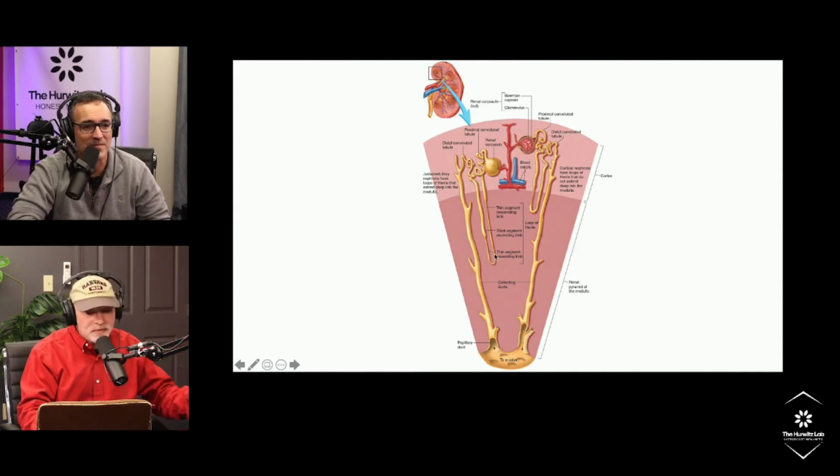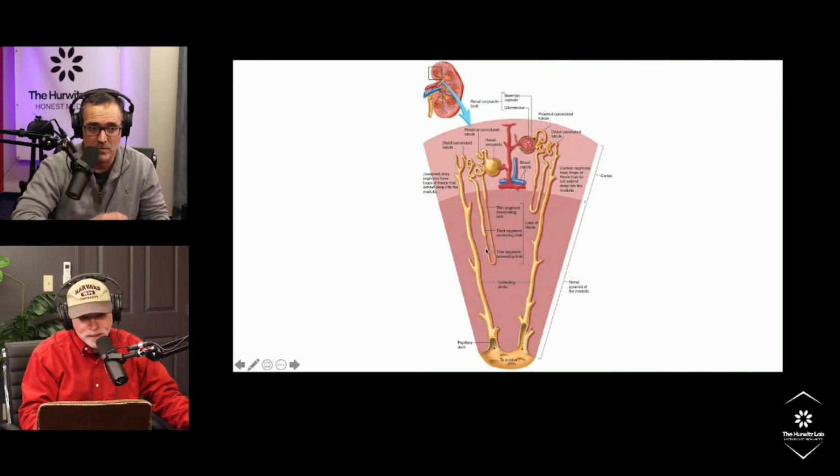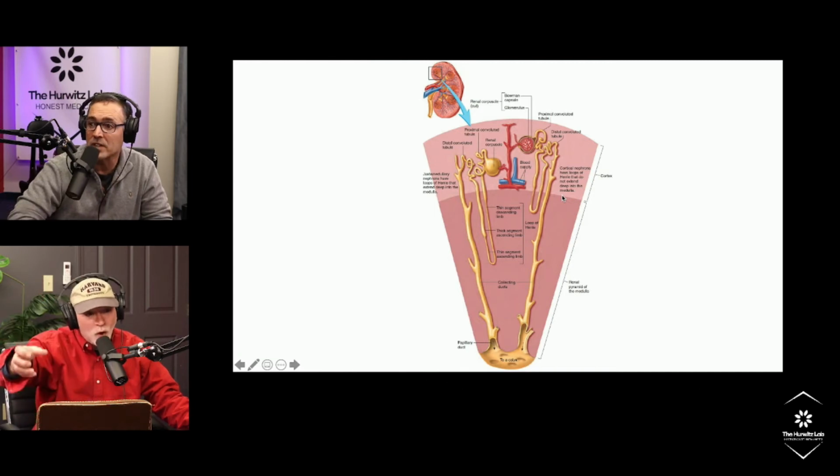And then you have your collecting ducts. It's also a nice picture because it shows you how multiple nephrons connect to a single collecting duct. Which is also nice. I think it's important to keep that in mind because you often see just one collecting duct.